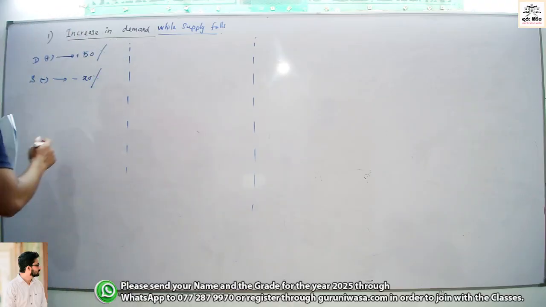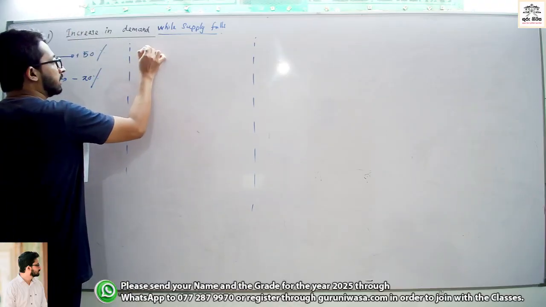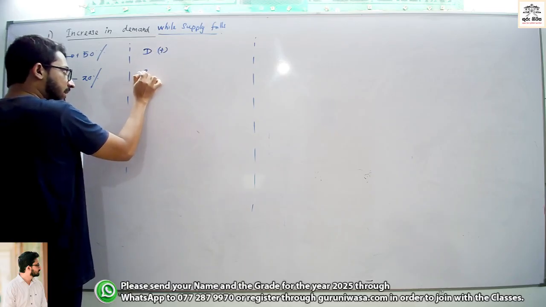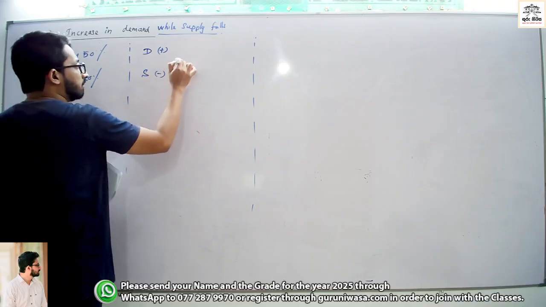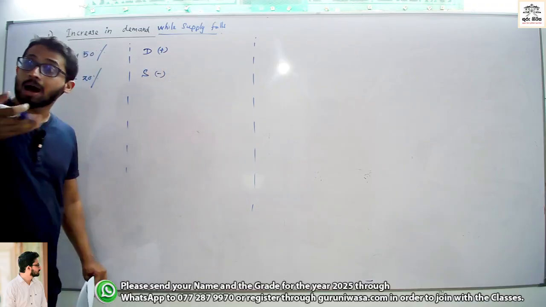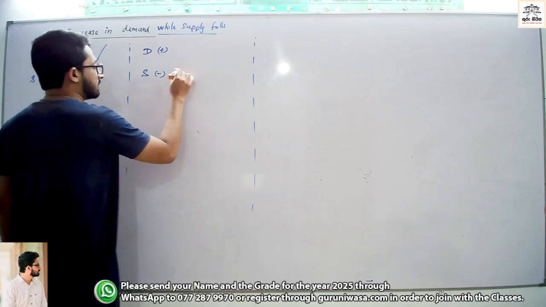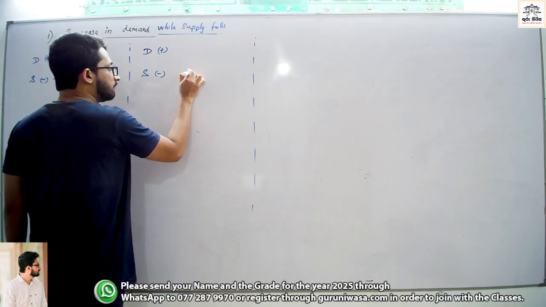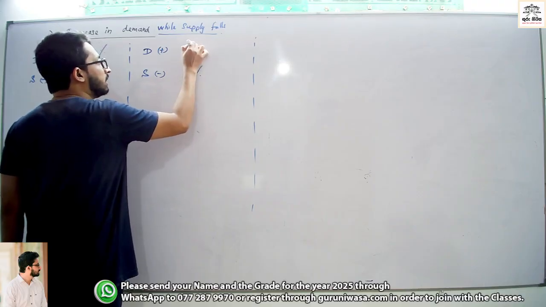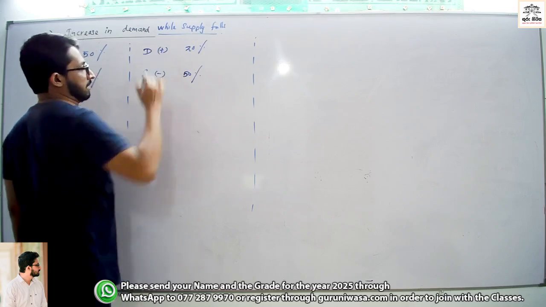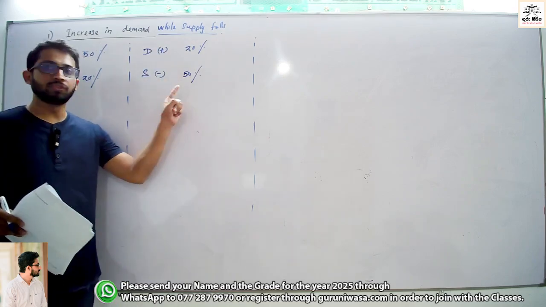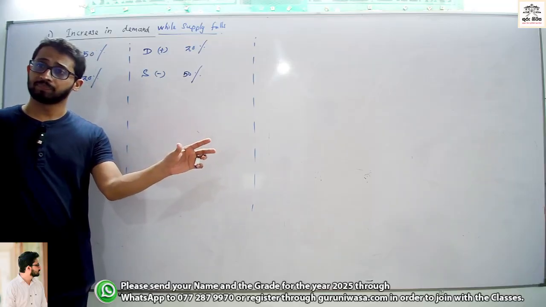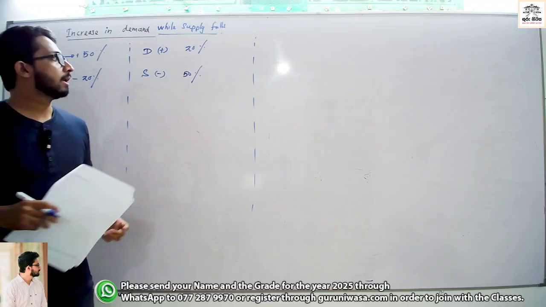The second one: demand increases, supply decreases, but here supply falls faster than demand increases. Assume supply falls by 50%, demand increases by 20%. Then you need to shift your supply curve to the left more.